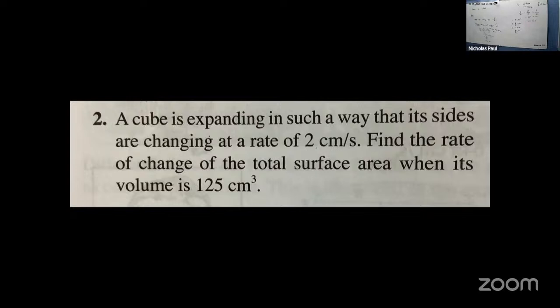What is supposed to be done with it? What they ask is to find the rate of change of surface area. So the volume is probably helping you get something. But if you follow the steps, you'll recognize you reach a point where you're going to have to use the volume to help you.